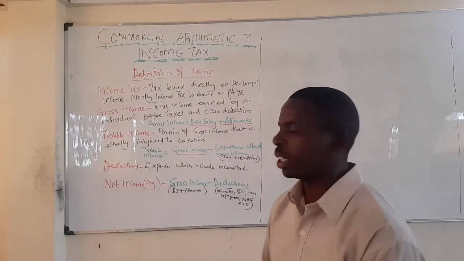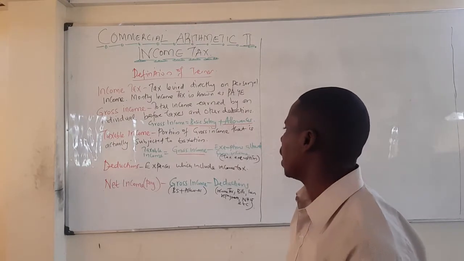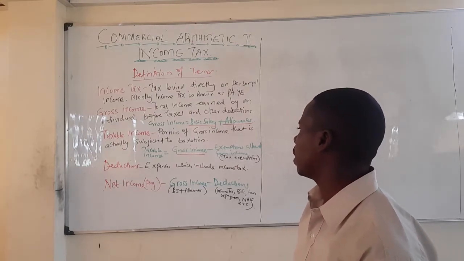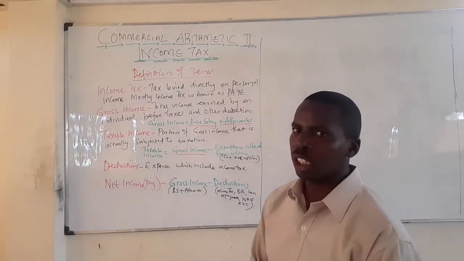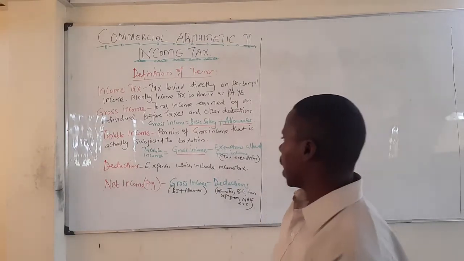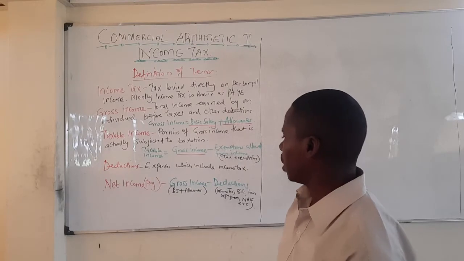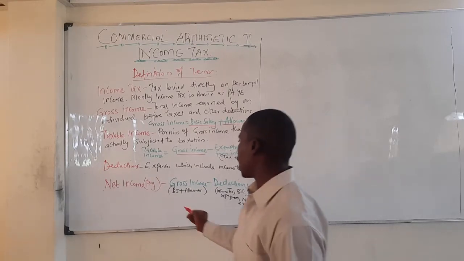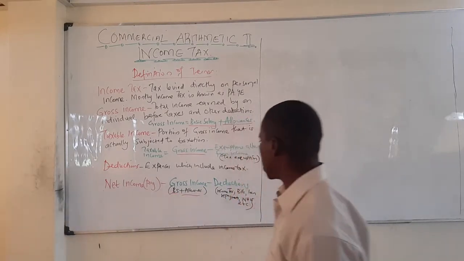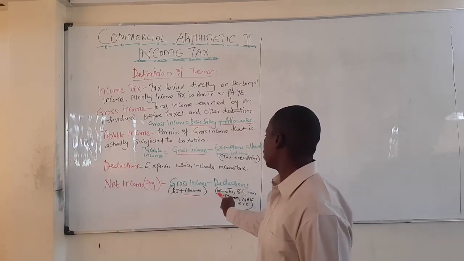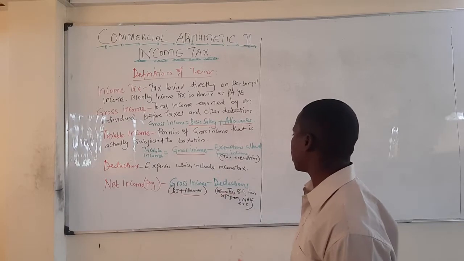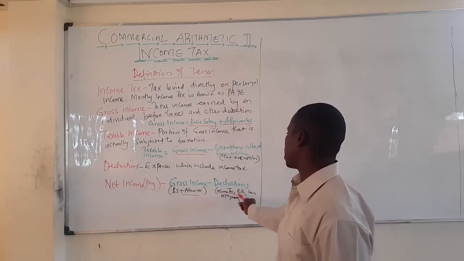Sometimes we talk about the net pay, and this one is given by the gross income, you subtract all the deductions. And the gross income, we had said previously, is given by the basic salary plus allowances. Then the deductions, they may include the income tax plus bills.